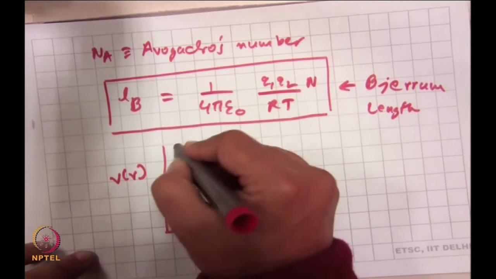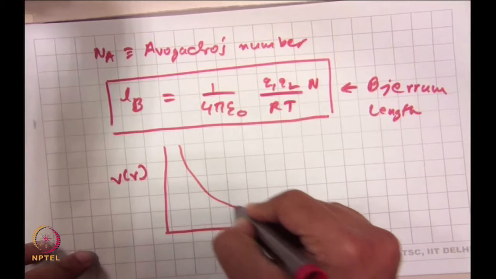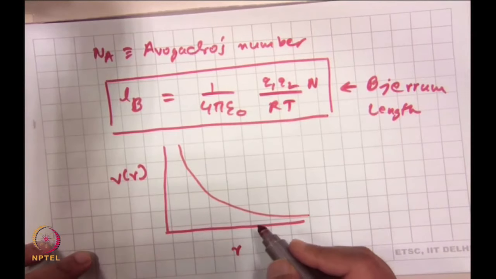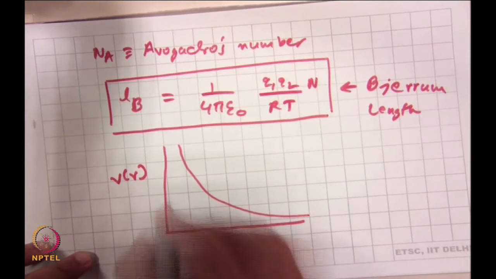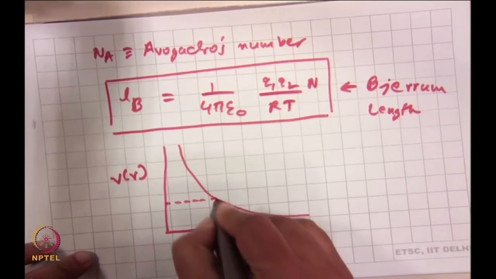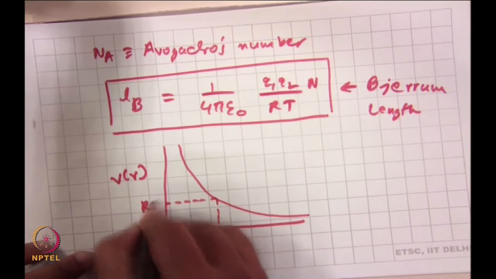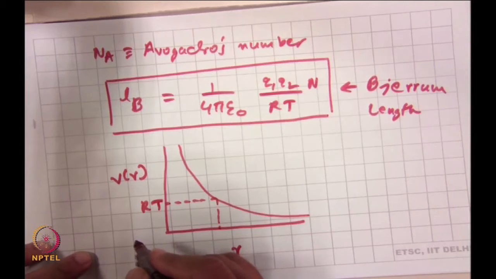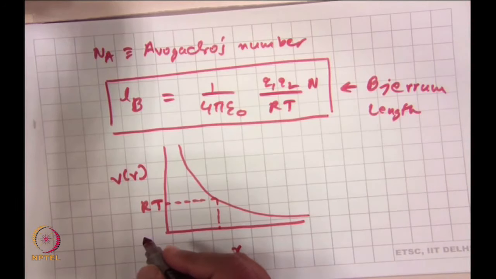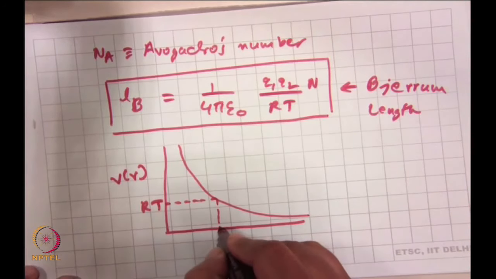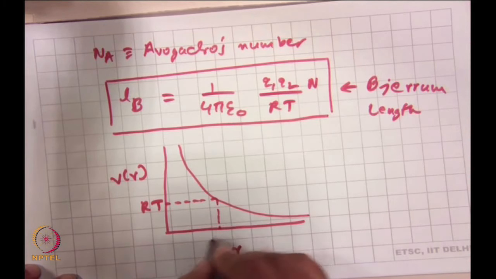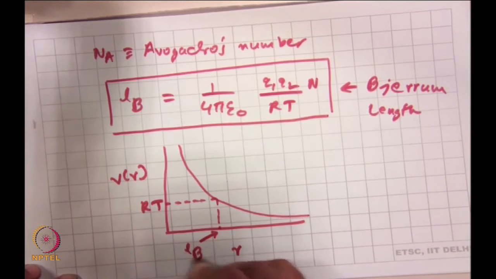If your potential energy of interaction goes like this, just a random one, and if this is your RT, that means RT is now the potential energy. What is the corresponding point on the x coordinate? It would be L_B. Excellent. So this one would be L_B.